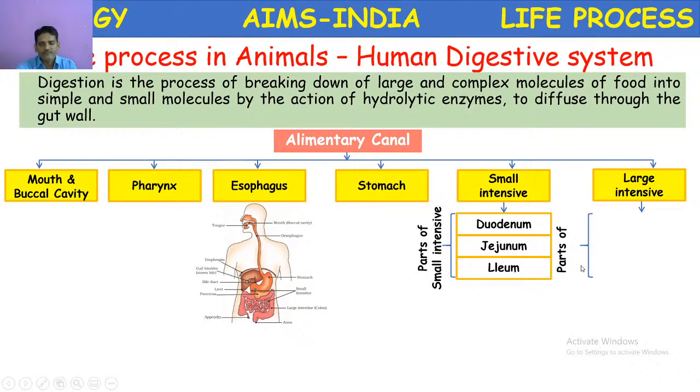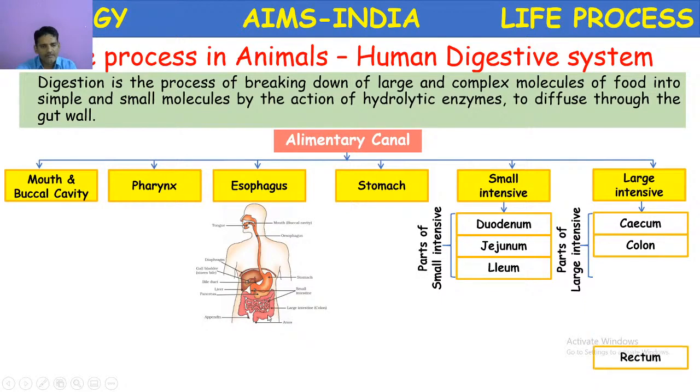Next, parts of large intestine. Large intestine is also divided into three parts. The first part is the cecum, then colon, and the terminal part of large intestine is rectum. Rectum opens out through the anus. The starting point of the digestive system is the mouth and the ending point is the anus.